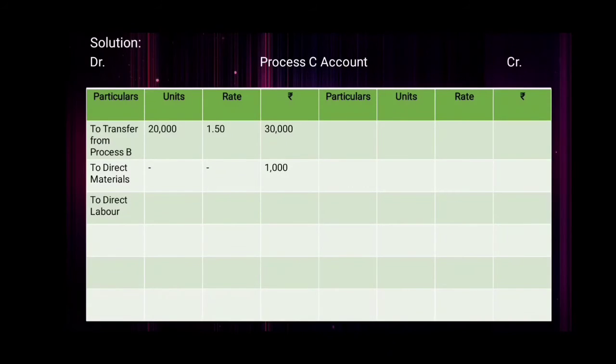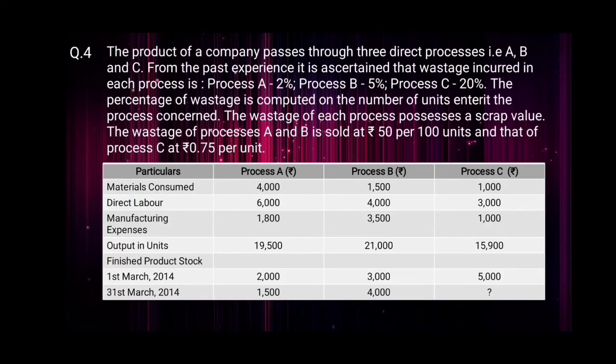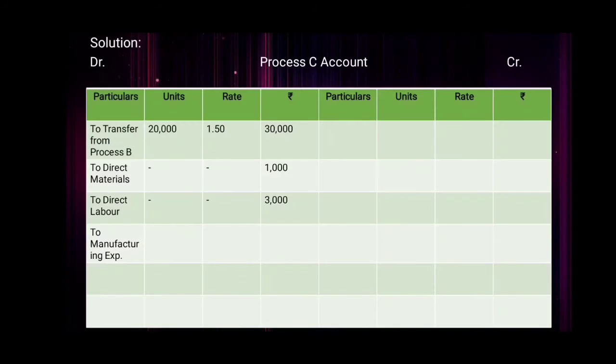To direct labor, amount will be 3,000. Next, manufacturing expenses for process C, which is 1,000. To manufacturing expenses, amount will be 1,000.